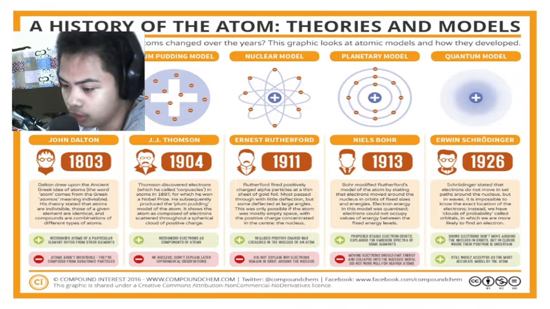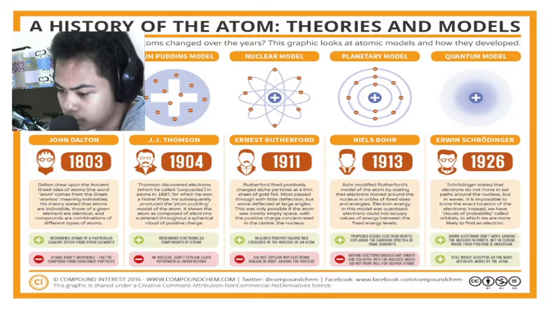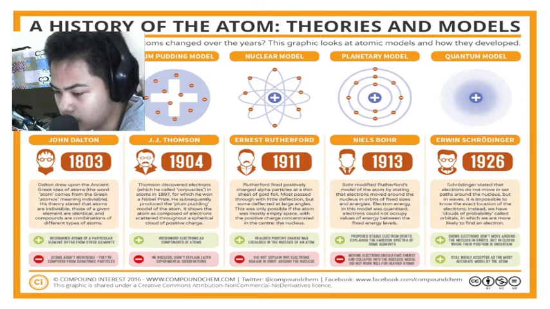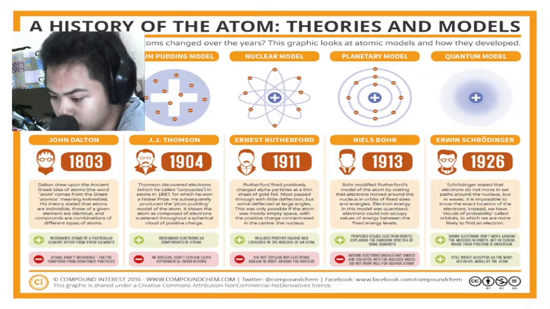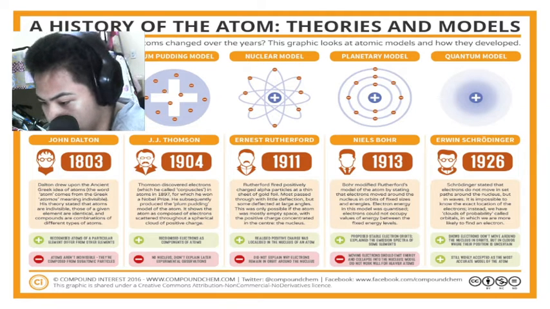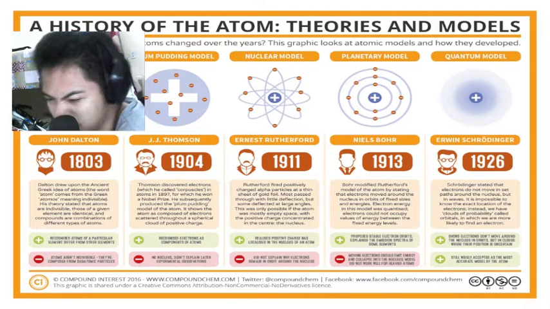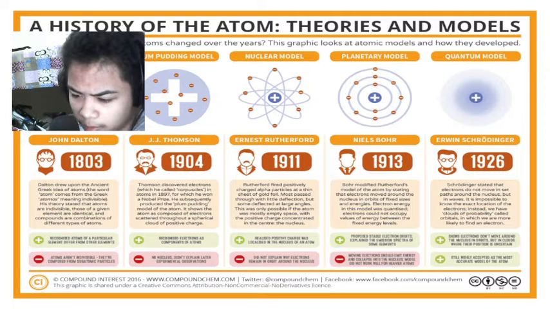Bohr only modified the original model given by Rutherford, where the electrons were revolving around the nucleus in orbits of fixed sizes, and electron energy in this model was quantized. He proposed stable electron orbits, and he explained the emission spectra of some elements.